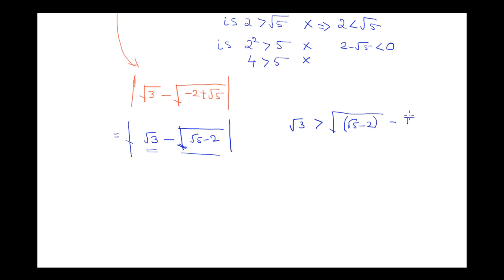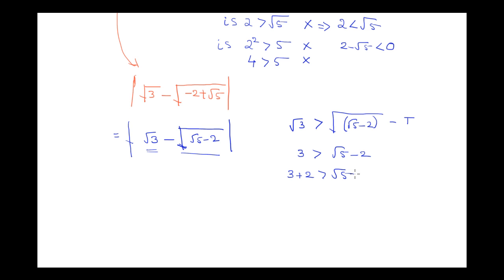Now if this is true, then on squaring both sides you get 3 greater than root 5 minus 2. Now you add 2 on both sides, you get 3 plus 2 greater than root 5.